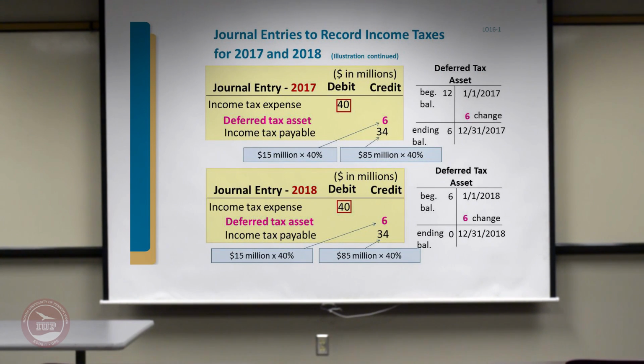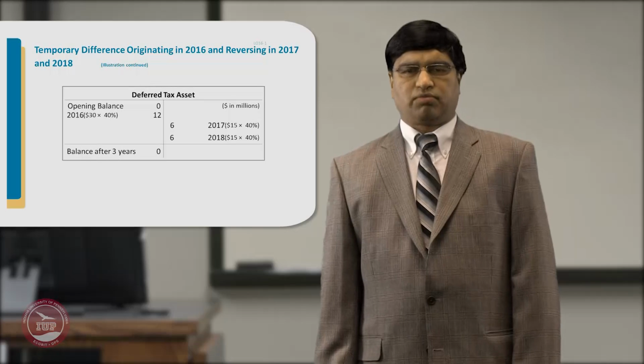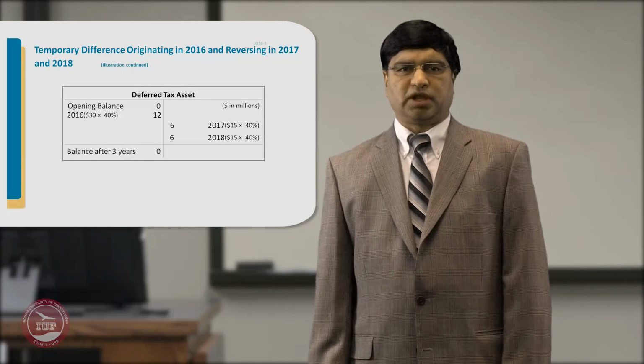In 2017, on $15 million, you've got a reversal of $6 million of deferred tax asset. So the deferred tax asset is now credited by $6 million. Income taxes payable is $34 million because it has gone down by 6, and your income tax expense is $40 million. Similarly, in 2018, a reversal will take place of the remaining $6 million.